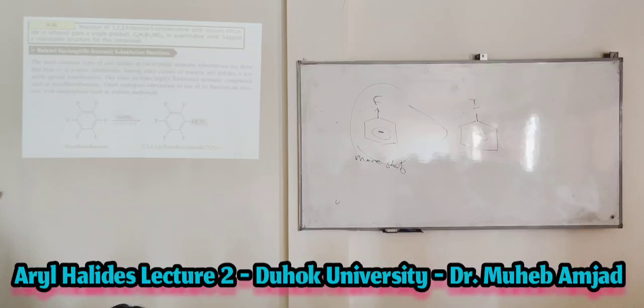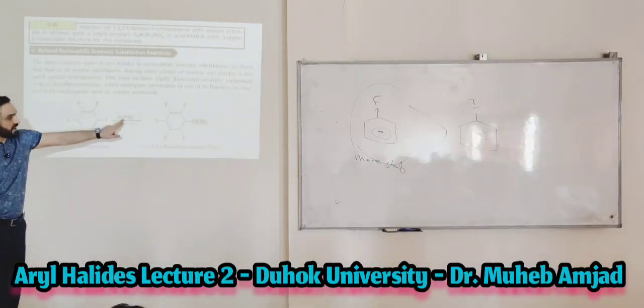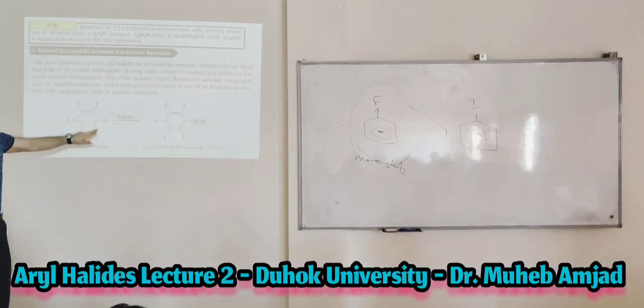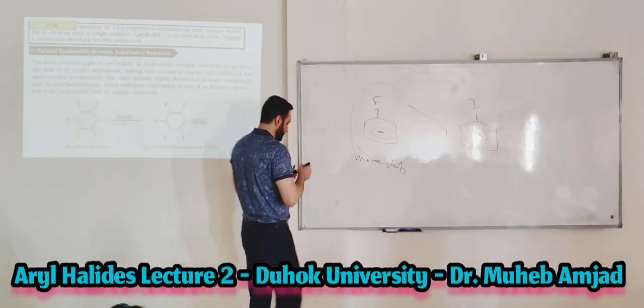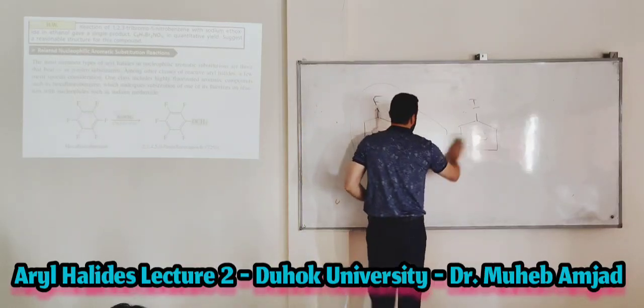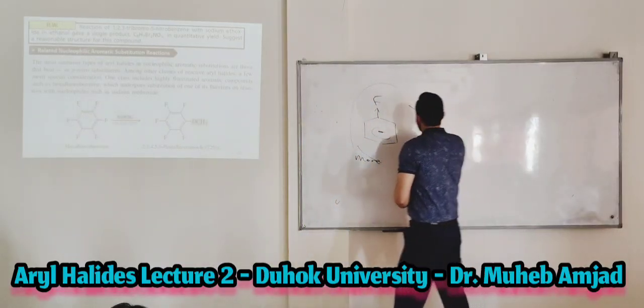So here, if we want to write the mechanism for this compound, what do you have to do? First step, the OCH3 adds and gives you a negative charge on the benzene ring. This is the first step, and then resonance, and then elimination.